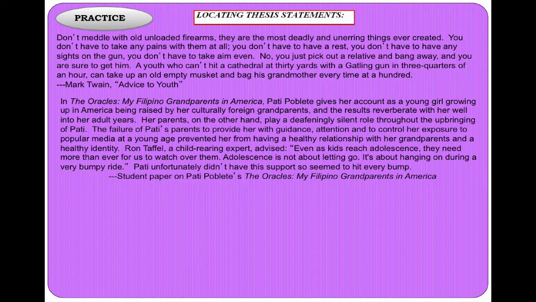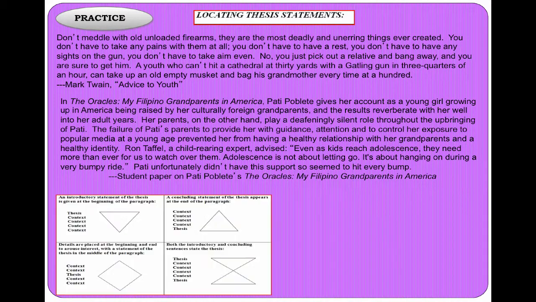Ron Taffel, a child-rearing expert, advised, "Even as kids reach adolescence, they need more than ever for us to watch over them. Adolescence is not about letting go. It's about hanging on during a very bumpy ride." Pati unfortunately didn't have the support, so seemed to hit every bump. Student paper on Pati Poblete's The Oracles, My Filipino Grandparents in America.